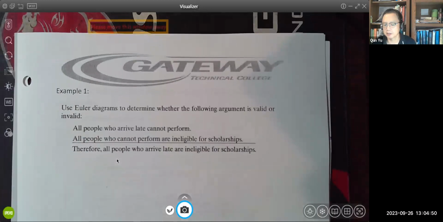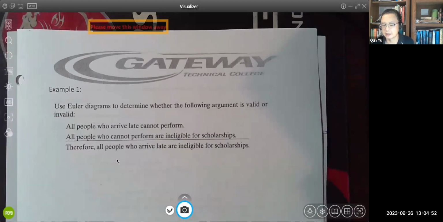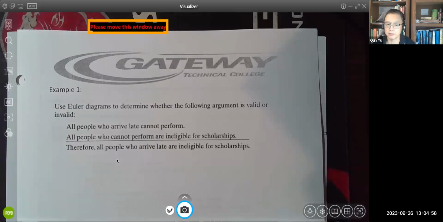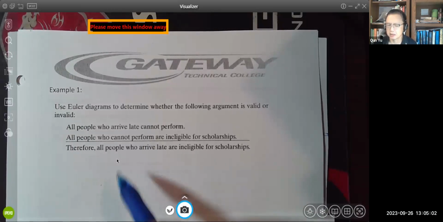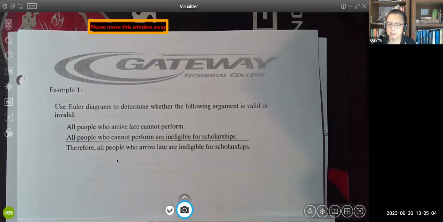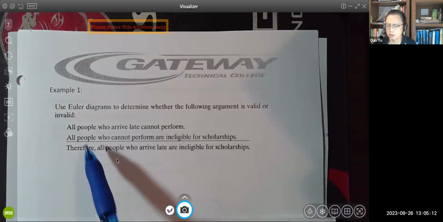The key is being able to represent these premises correctly. That's your foundation, because you're going to draw your own conclusion based on your Euler diagram. Now, look at this one by one. Keep in mind, all you need to do all of this is those 4 models. Always think about those 4 models.